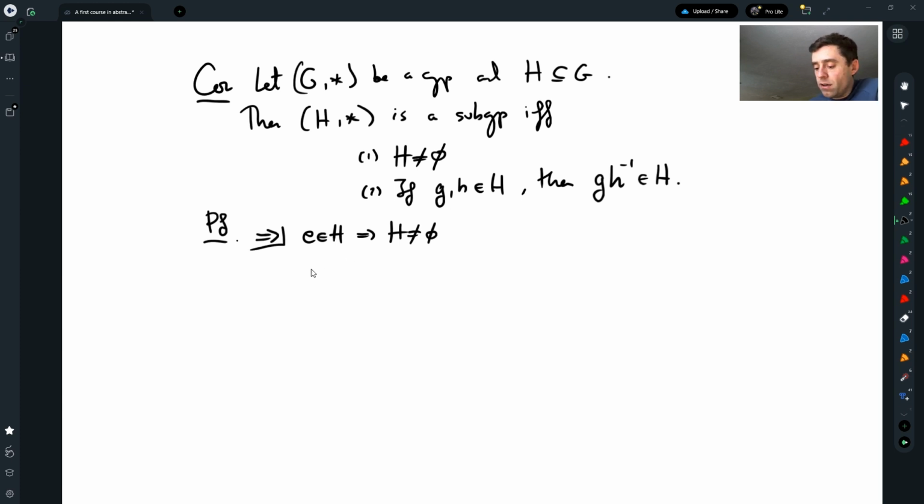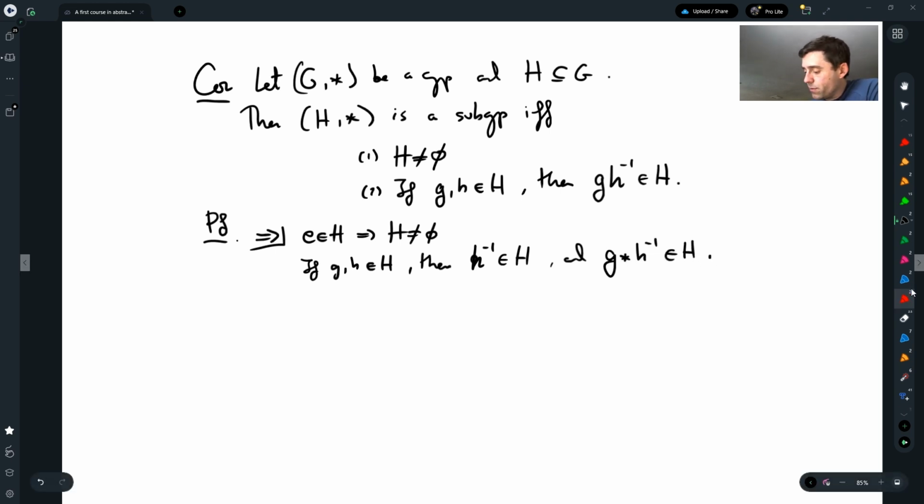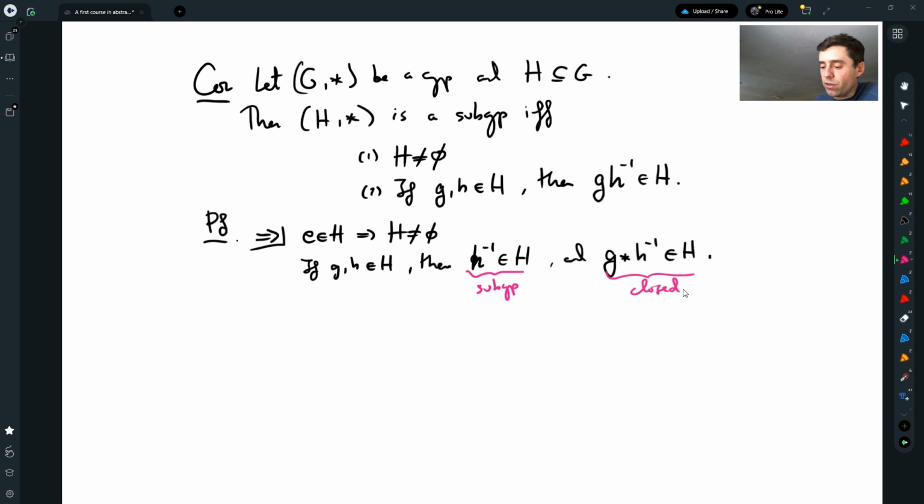And second, if g and h are in H, then first of all, h inverse is in H because H is a subgroup, and g star h inverse is in H because it is closed. So we are assuming it is a subgroup, and we know it's closed under star, so those are satisfied. So this proves 1 and 2.